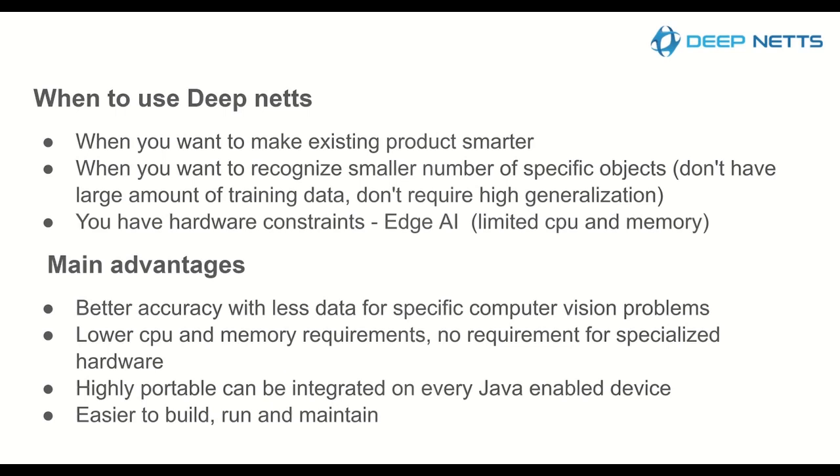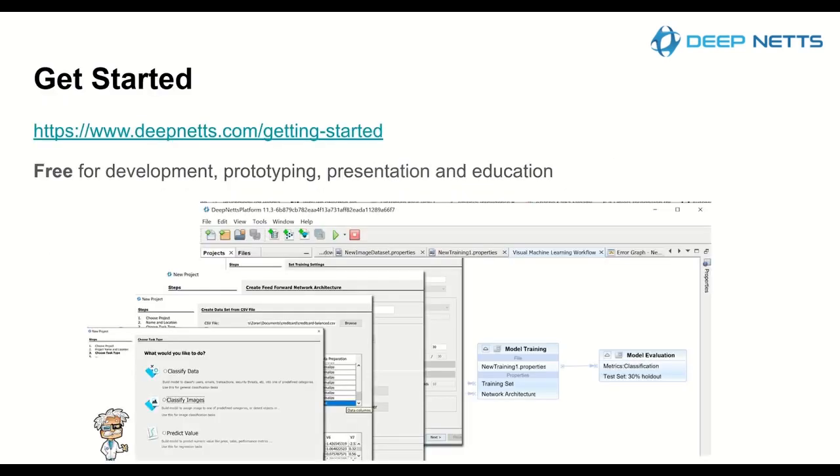The main advantages of using DeepNetts for these kinds of problems are that you get better accuracy with less data. You have lower CPU and memory requirements, and it is highly portable and can be integrated on every Java-enabled device, which makes it easier to build, run, and maintain.